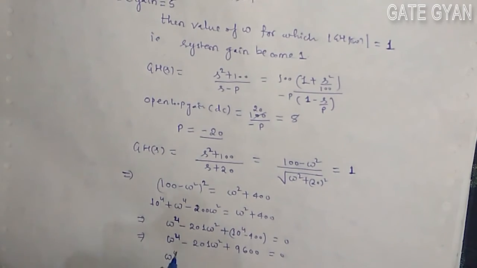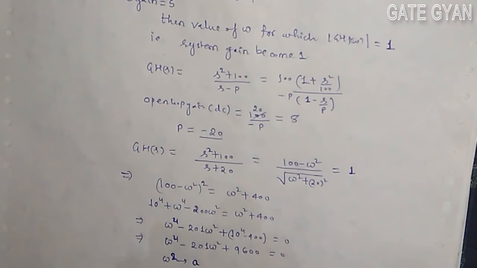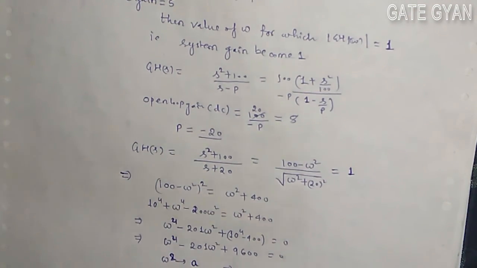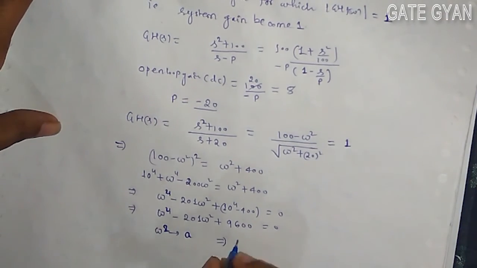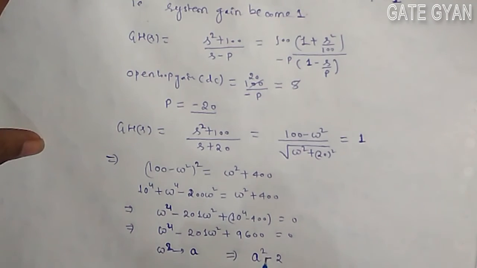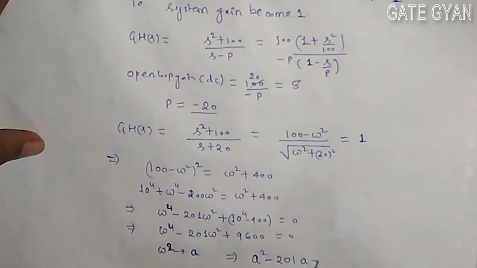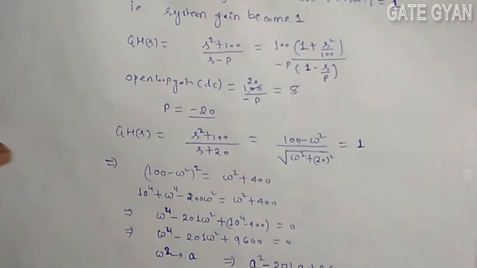Now we'll replace omega square by a, so this equation will look like a square minus 201a plus 9600 equal to 0.